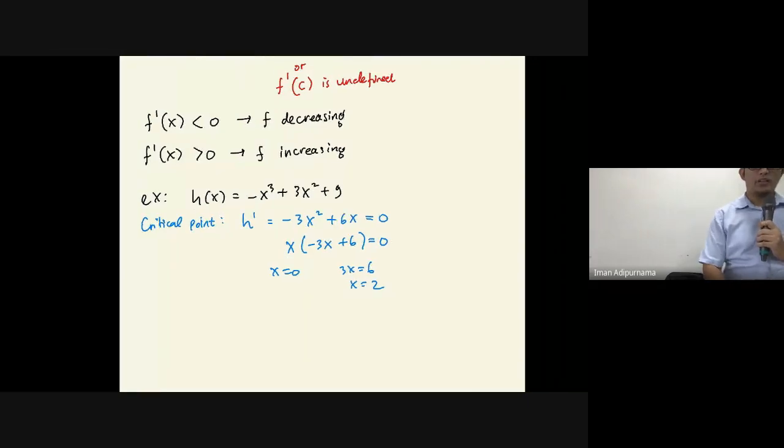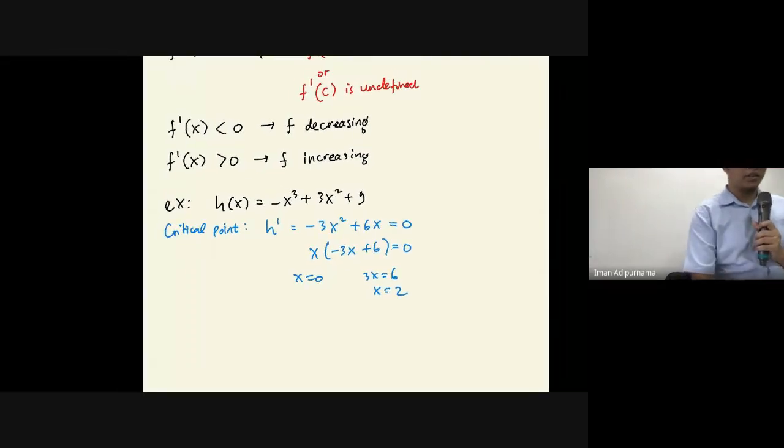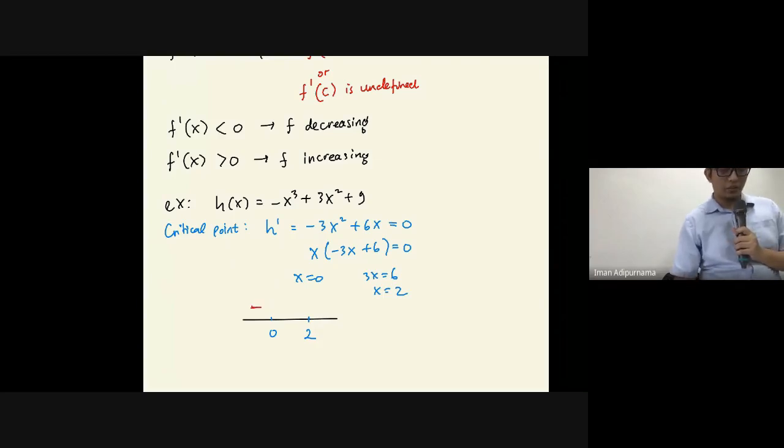When you get these points, another method that you can try to check is using a number line. This is quite handy. Check all the signs, negative, positive. When you check the sign, this is negative, right? Negative 1, negative 2, and 3 is also negative.